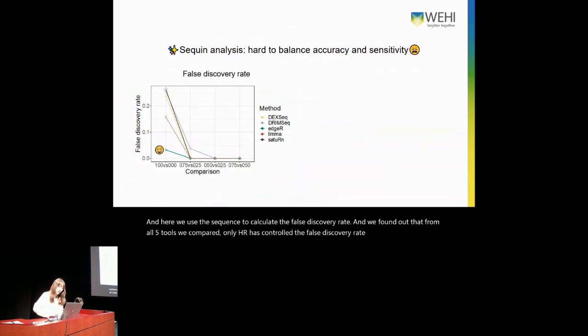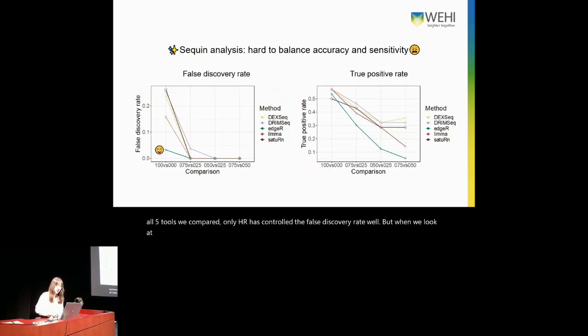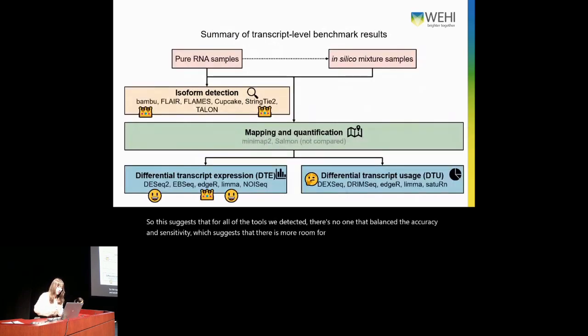But when we look at the true positive rate, we found that for DEXSeq, the true positive rate for the comparison between the mixture samples decreased quite a lot. So it is not that sensitive. So this suggests that for all of the tools we tested, there is none that balanced accuracy and sensitivity, which suggests that there is more room for developing better methods.